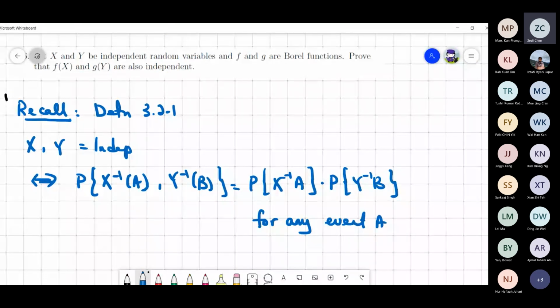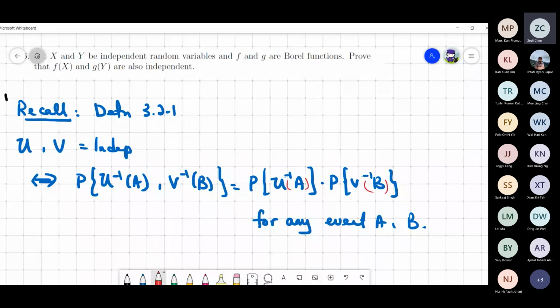events A, B. Okay, maybe instead of X, Y, since we have X, Y over here, I switch to another symbol so that you have a better picture of what to substitute into the questions. So instead of talking about X, Y, I'm talking about U, V. I should have a bracket here.